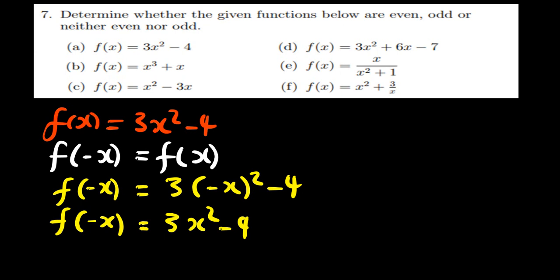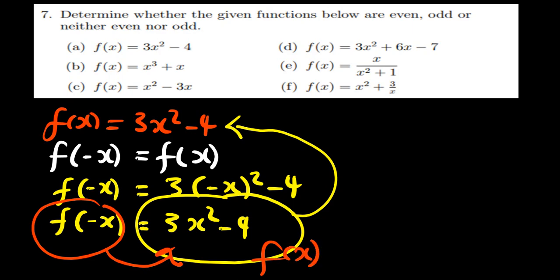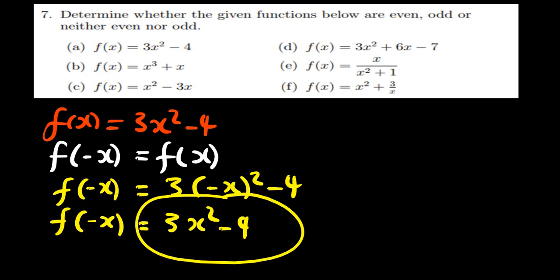Now you're able to see that this expression 3x squared minus 4 is the same as the question itself, f of x. Because f of negative x gives you the same as f of x, this is an even function. So that's how you solve these ones.